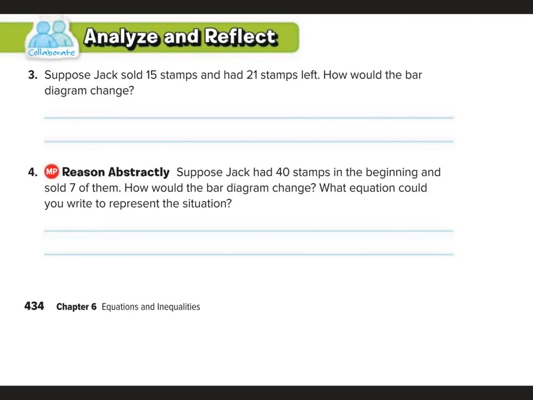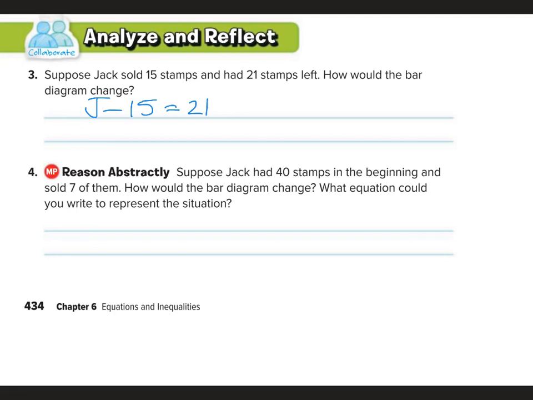Okay, our last couple problems on this. Suppose Jack sold 15 stamps and had 21 stamps left. So Jack had a certain number of stamps. He took 15 away, and now he's left with 21 stamps. How would the bar diagram change?